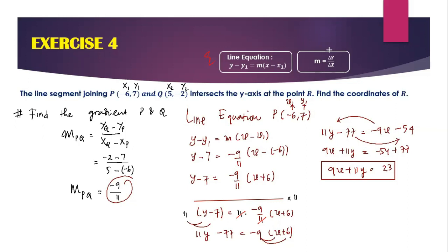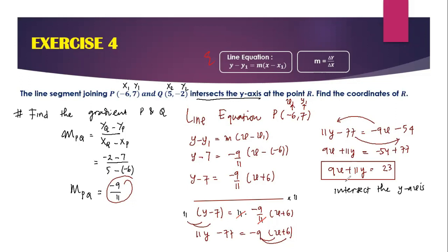What is the question? The question is: intersect the y-axis. What does it mean?